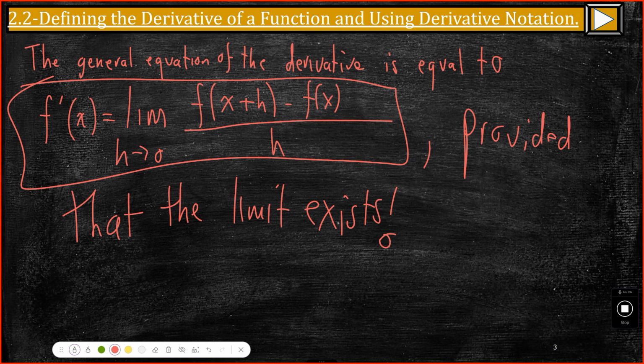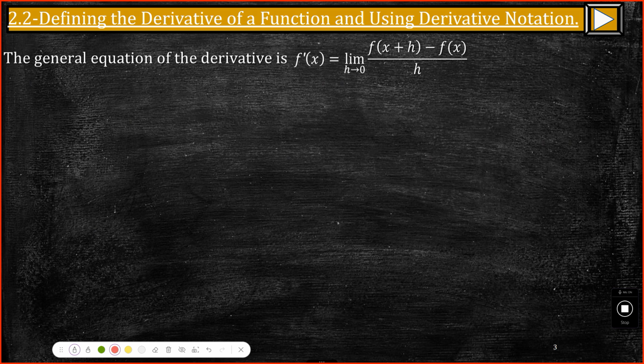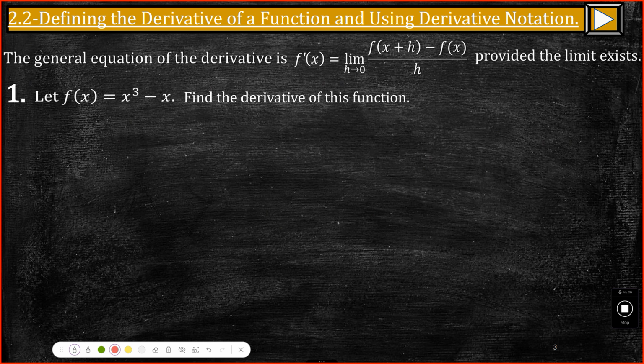The limit has to exist at that x value, or else we have a problem. So that's very important. Let's apply this concept now, that we can find the derivative of a function at any point.